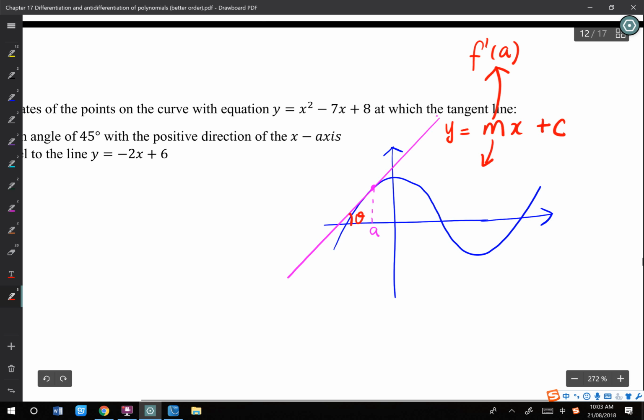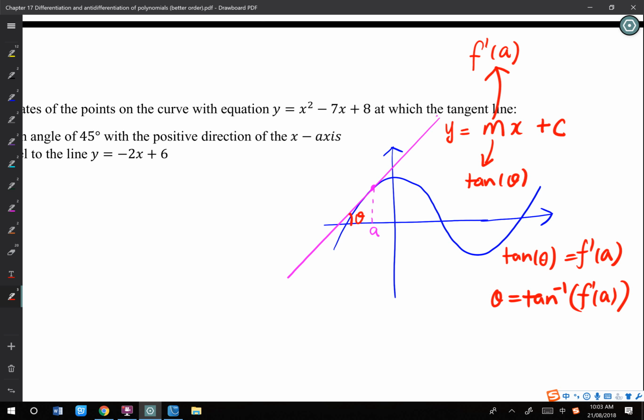But what does m also equal to? That also equals tangent theta. Yes, tangent theta is the gradient. So tangent theta equals f dash a, then theta equals tangent inverse of f dash a.